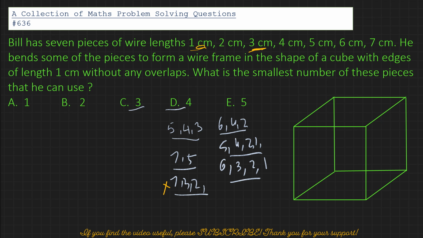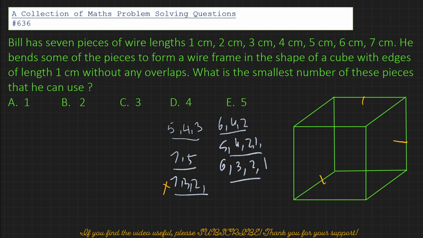We can try the 6 ones. We can try 5, 4, 3 if it's possible. So 5, how would I do 5? Like 1, 2, 3, 4, 5, something very different. And then 1, 2, 3. Oh, that would require all 1, 2, 3.